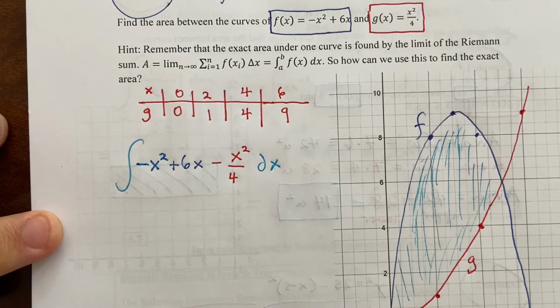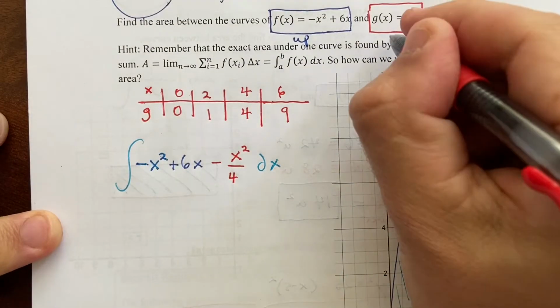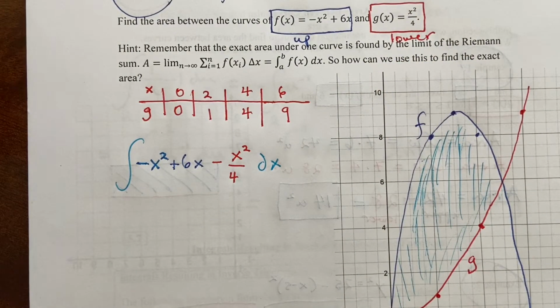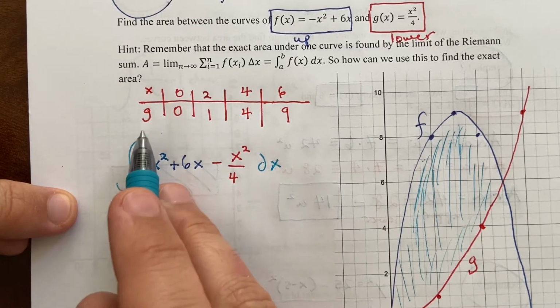All right, there's my upper and my lower again. The thing about it is we need to figure out where these limits are.